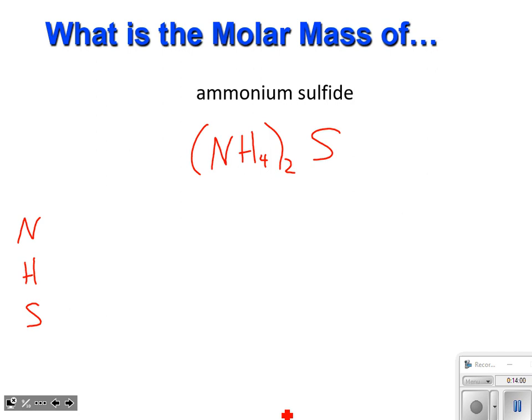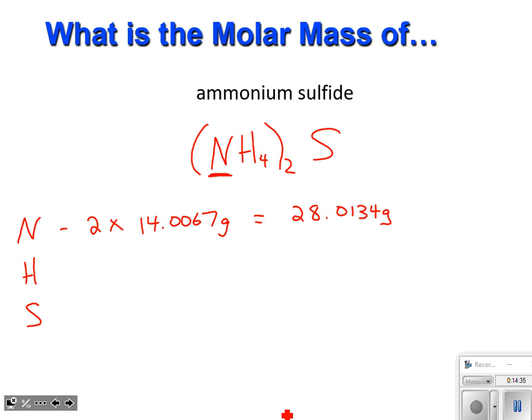So I know that right here, this nitrogen is like having 1 of them. But since I have parentheses around it, how many do I have total? 2. So I have 2 nitrogen. Each nitrogen is 14.0067 grams. So my total mass of nitrogen is 28.0134 grams.